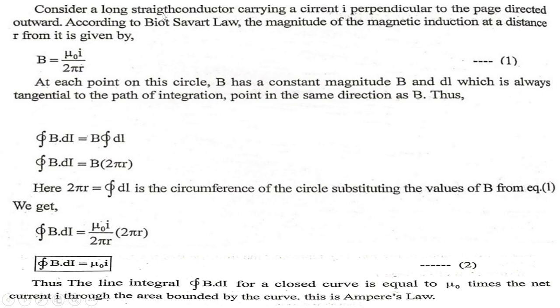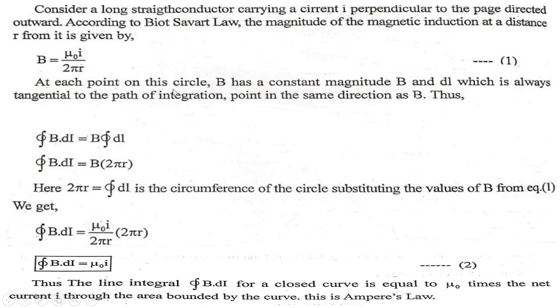According to the Biot-Savart law, the magnitude of the magnetic induction at a distance r from the conductor is given by B equals mu 0 I upon 2 pi r.